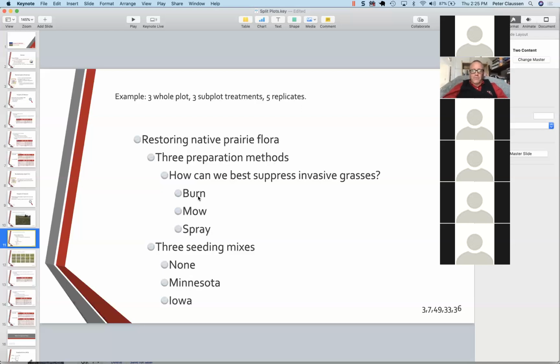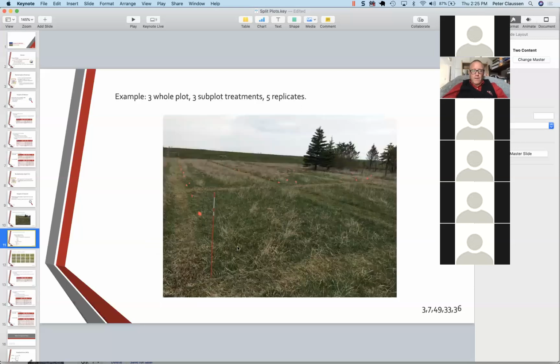If I have 3 different combinations of burn combined with none, burn combined with Minnesota, burn combined with Iowa, I would need to have 15 different burns, 1 for each plot that has a burn as a factor. That's going to be kind of hard to do on this field. And I looked around, I just did not want to have to divide it up into 45 different plots and burn 15 different burns.